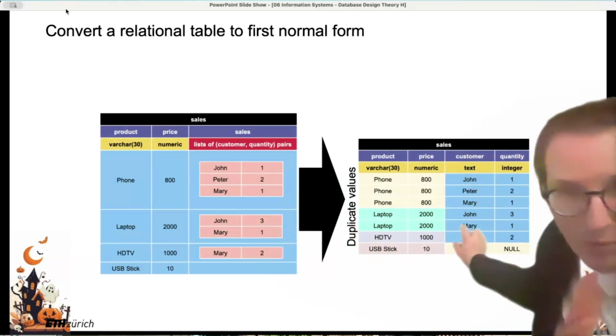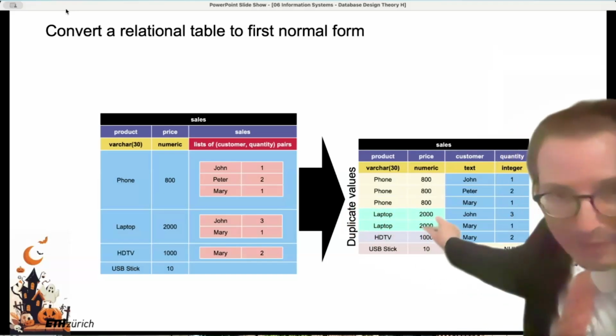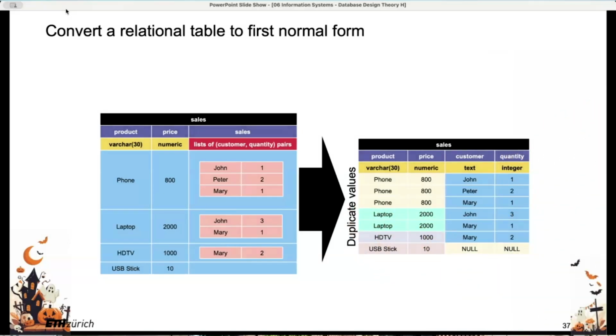So John 3, Mary 1, I put in there, and I had to duplicate laptop 2000 and so on. So the trick to turn a table not in the first normal form, with tables in tables in tables, into the first normal form is just to duplicate those values enough times that it becomes atomic. Who sees that these two tables store the same information? Right.